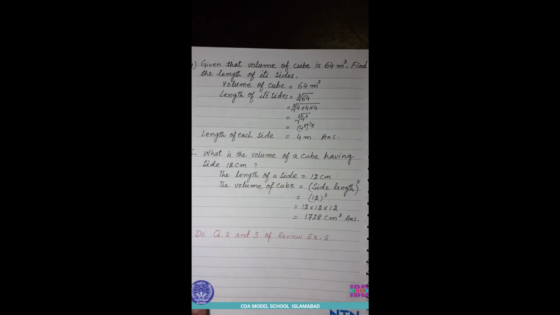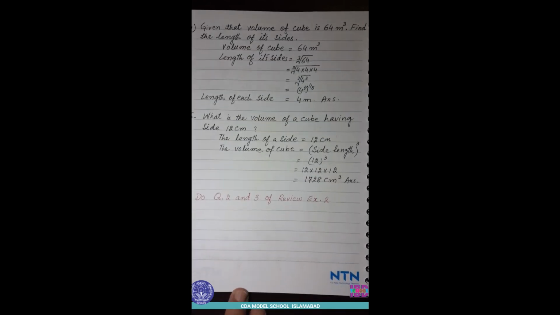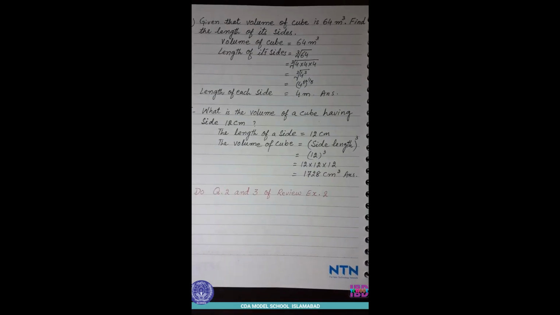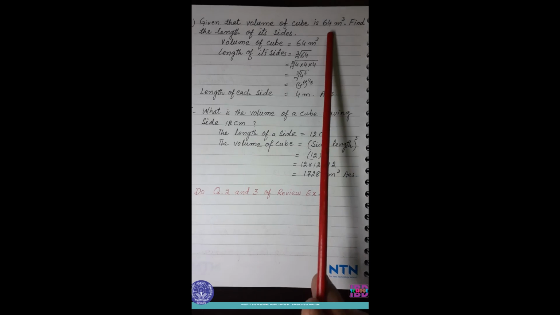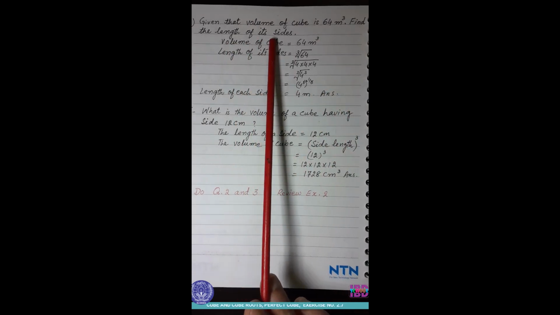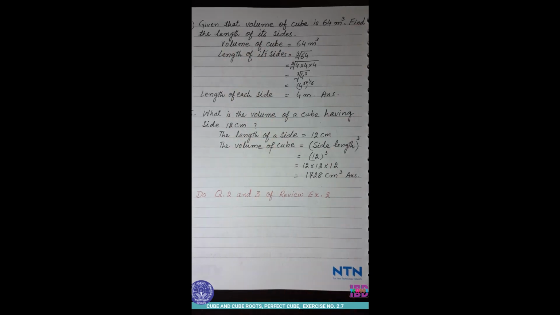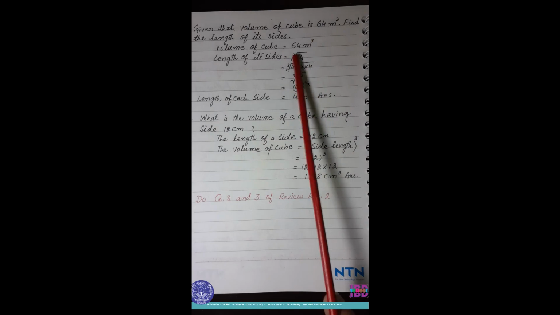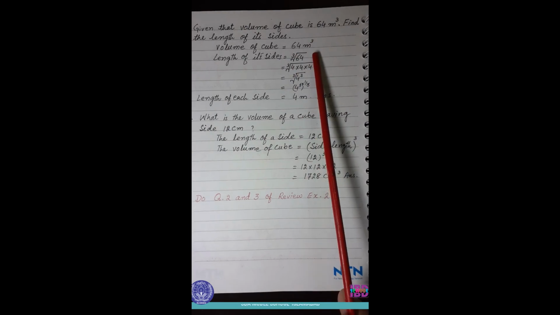Now question number 4. Given that volume of cube is 64 meter cube, find the length of its sides. Here volume of cube is equal to 64 meter cube.